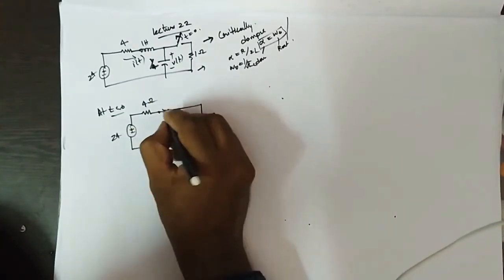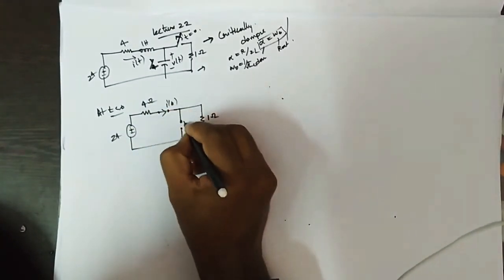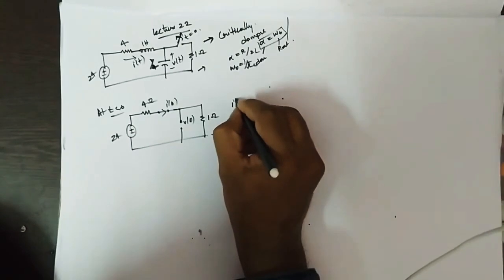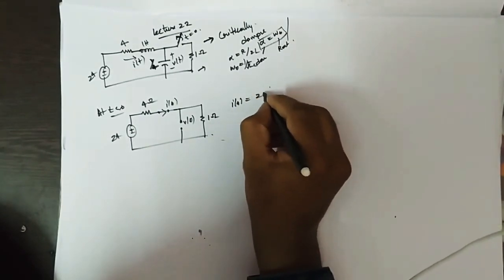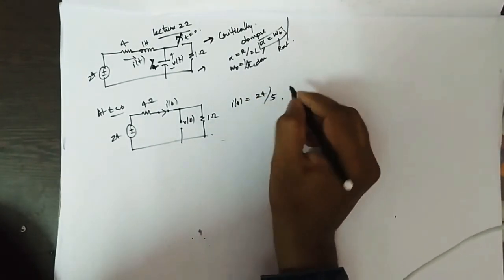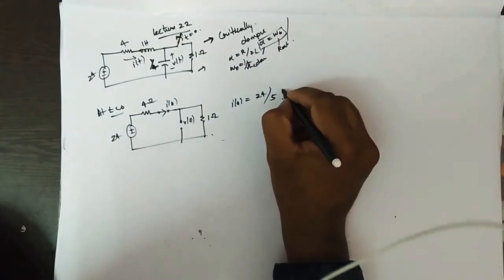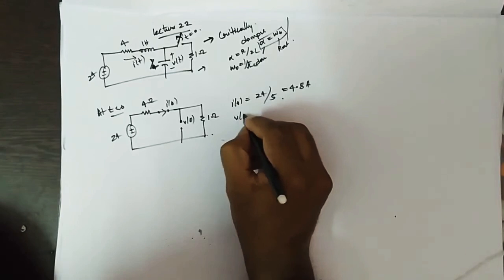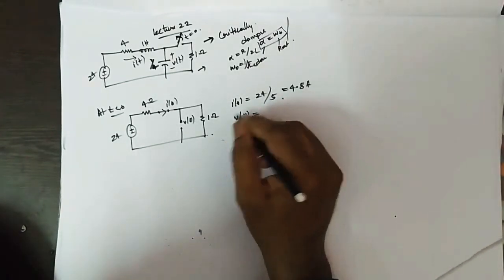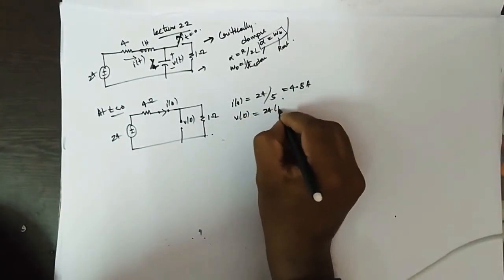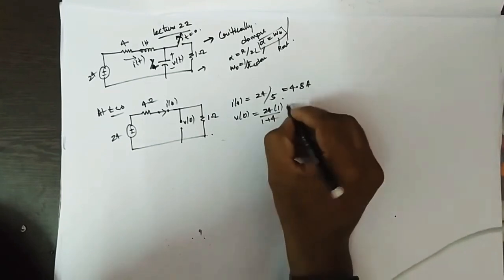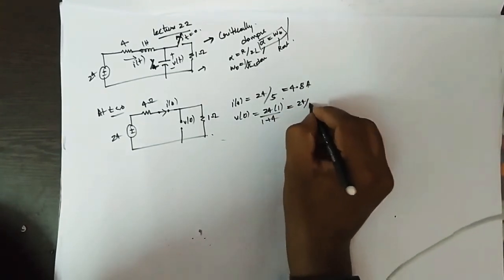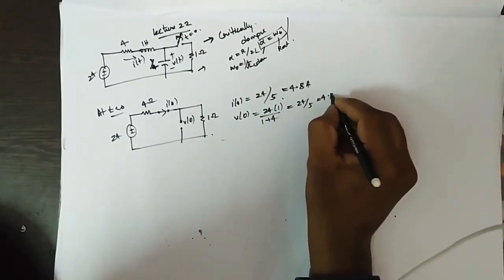This is I naught, and this is V naught. By Ohm's law, I naught equals 24 by 5, that is almost 4.8 amps. And V naught, by the voltage division rule, equals 24 into 1 by 1 plus 4, that is also 24 by 5, a value of 4.8 volts.